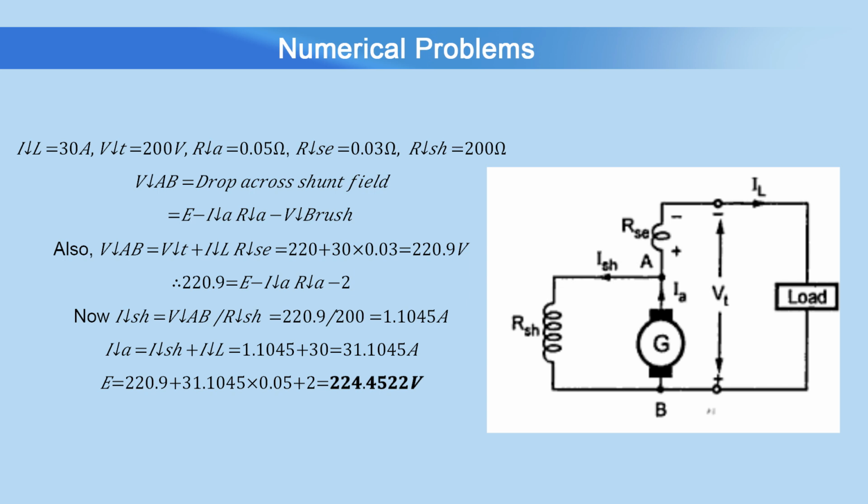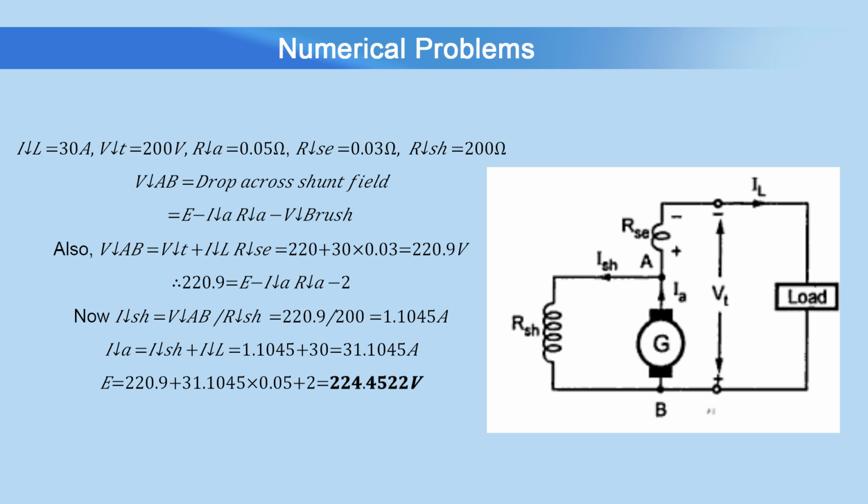Okay, so substitute the value of VAB, which is equal to EA minus IA into RA, minus the voltage drop across brushes, which is also given. In this case there are two brushes, so minus 2. So here we have to find the value of IA.